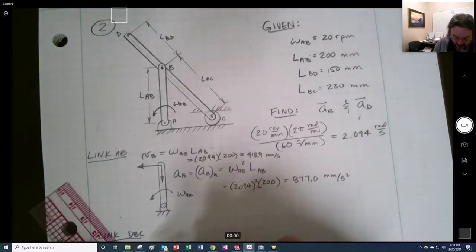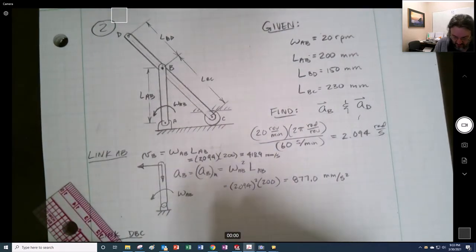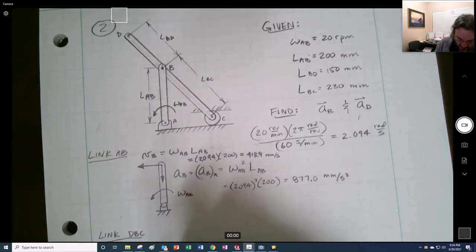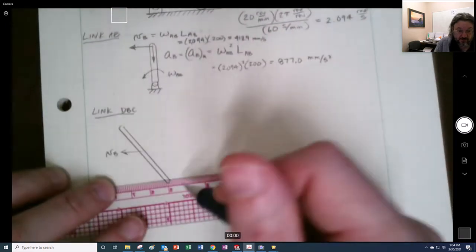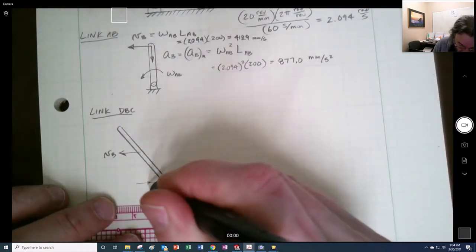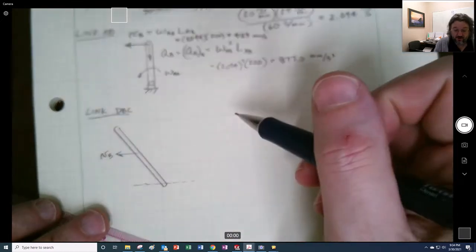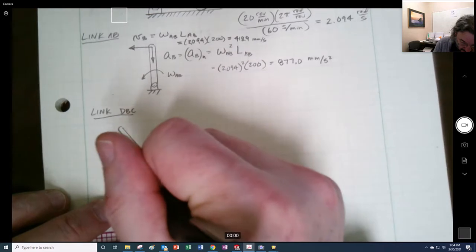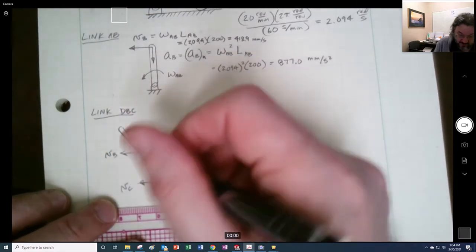So what we end up finding here is that this right here is the velocity of B. And right here, since we have to keep going in a horizontal direction, our conclusion is the velocity of C.